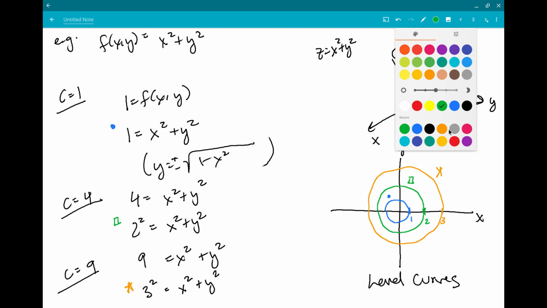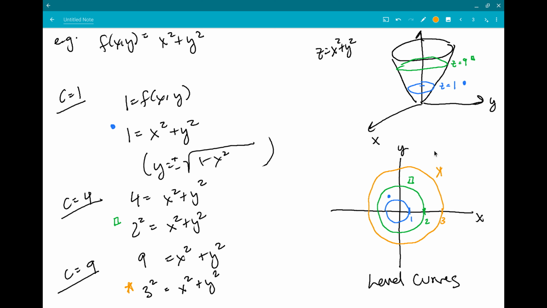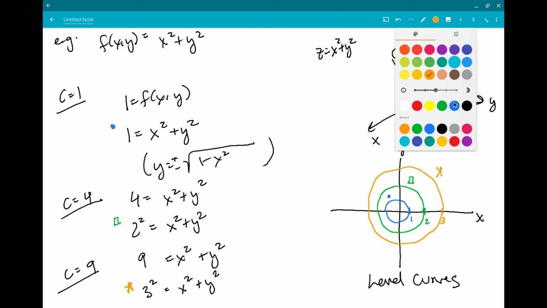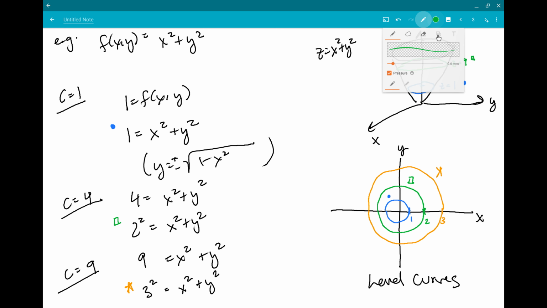Oh, sorry, my next one was z equals 4. I skipped. I'll just correct that, and then we'll not plot the 9 one because this is getting really buggy.